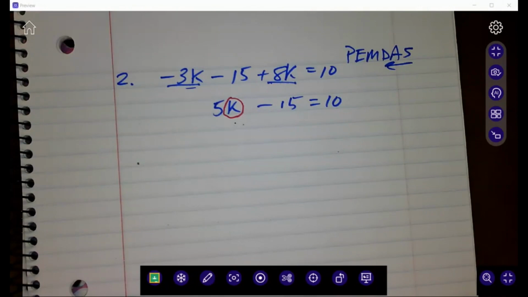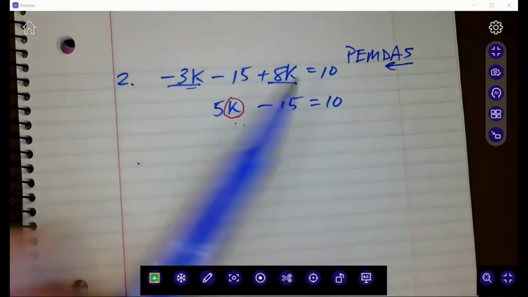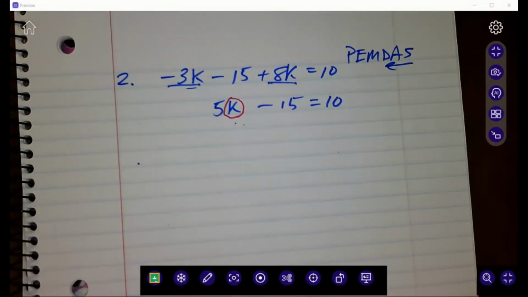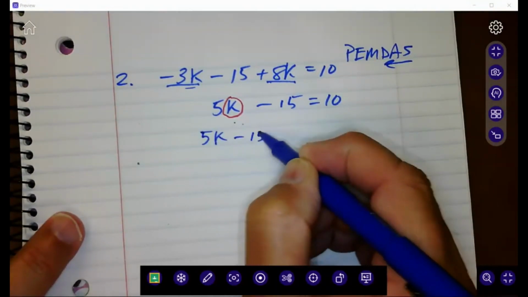Now that we've gotten our combined terms together, correct, we're going to add 15 to both sides because we undo addition or subtraction first. We got all the variables together, and now we only have one variable term. We focus on that variable. We get rid of the things that are being added or subtracted to it first. So I'm going to have 5k minus 15.